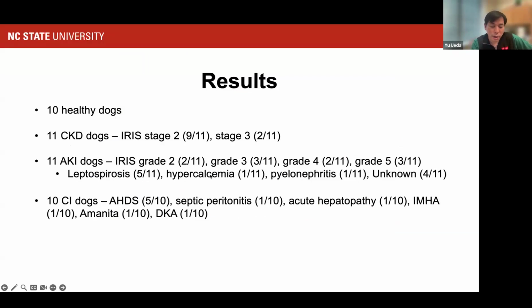The AKIs were due to leptospirosis, hypercalcemia, pyelonephritis, and 4 of the 11 dogs had an unknown cause. The critically ill dogs admitted to the ER and enrolled in the study had acute hemorrhagic diarrheal syndrome, or HDS, septic peritonitis, acute hepatopathy, IMHA, Amanita toxin, and DKA.